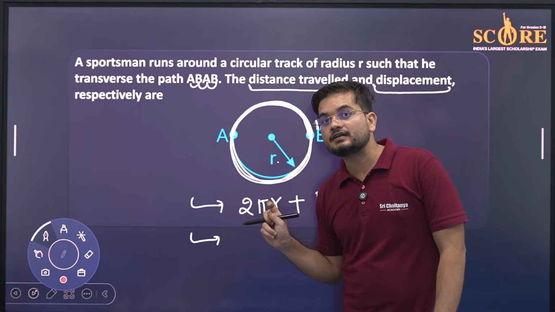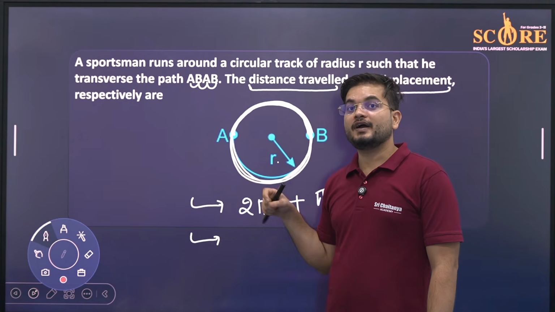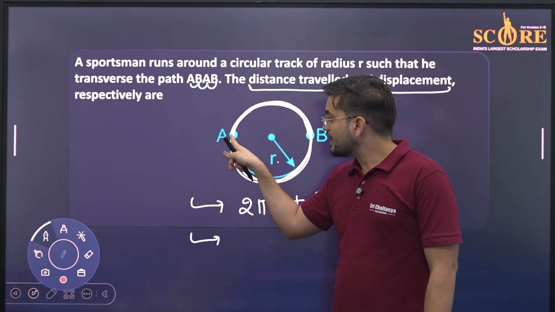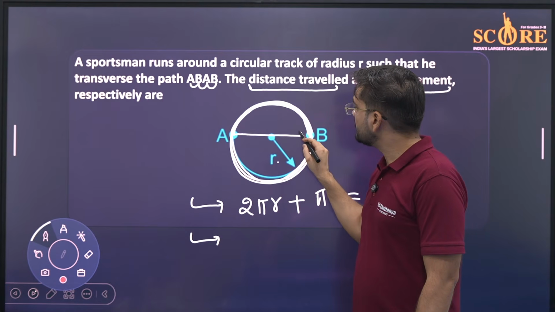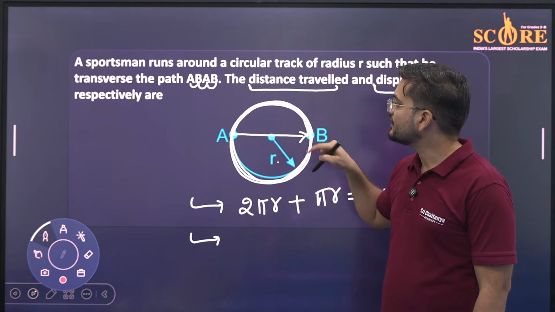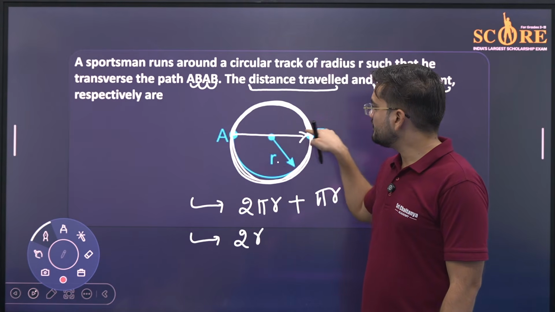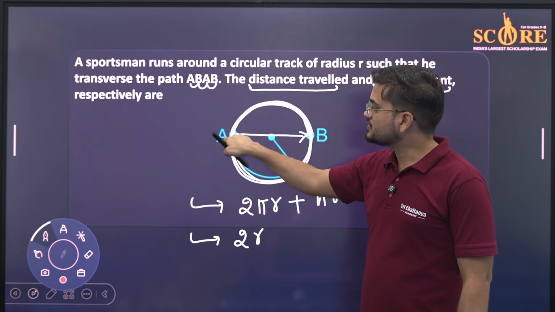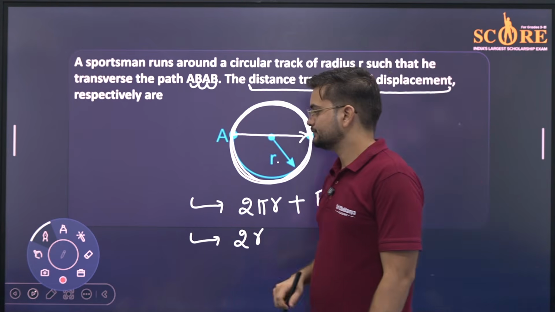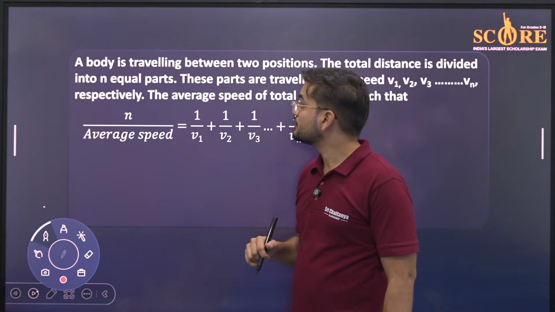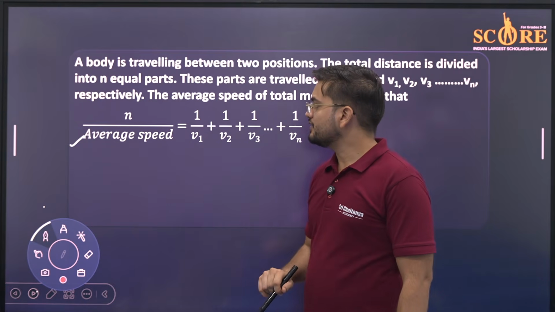Displacement is the direct distance from the initial point to the final point. The magnitude of displacement is the direct distance from A to B, which will be 2r. The diameter of this circle will be the displacement from A to B. You got the point? Next, this is the standard result that we should remember.